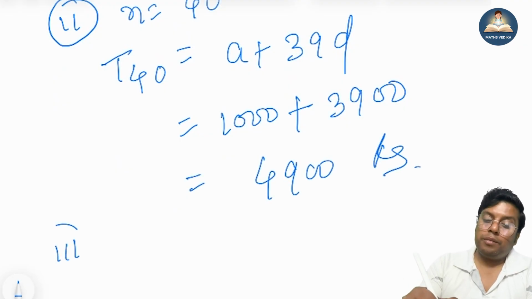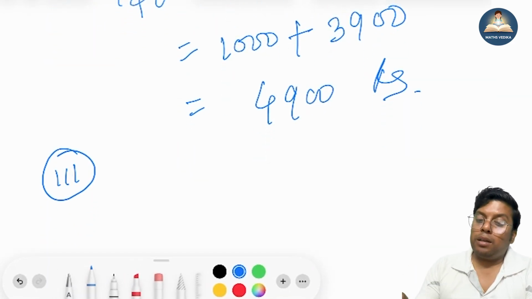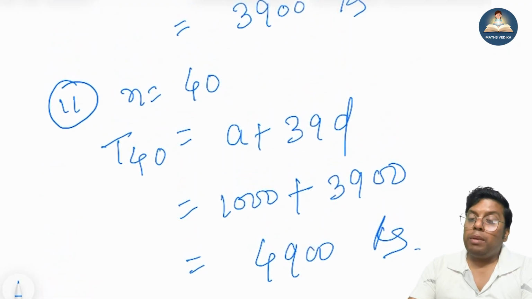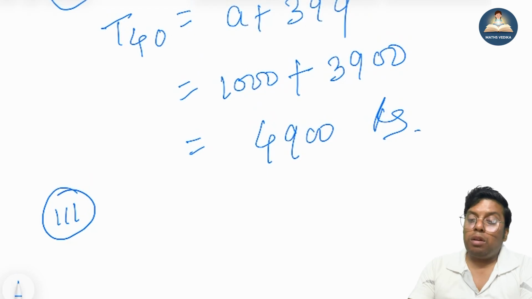Here we can also check that if the number of installments is 40, then in 40 installments all the amount of 1,18,000 will be paid.